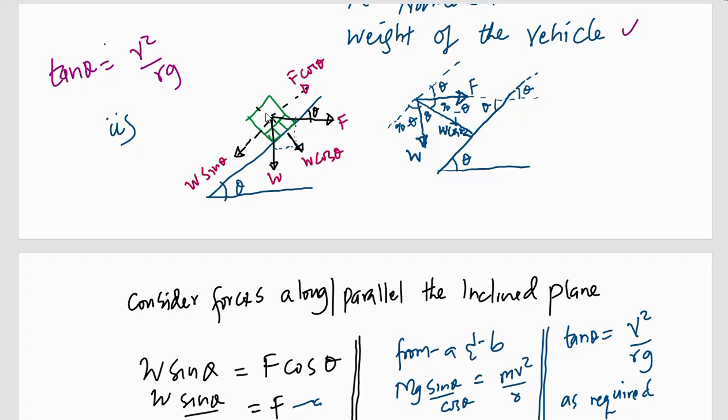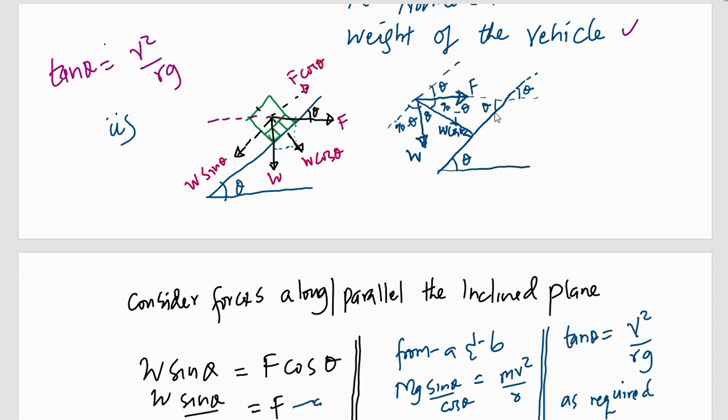So if I create a line parallel to this horizontal that cuts this inclined plane, then this angle here is also going to be theta. These are alternate angles, and therefore we can say this angle here is equal to this angle here.